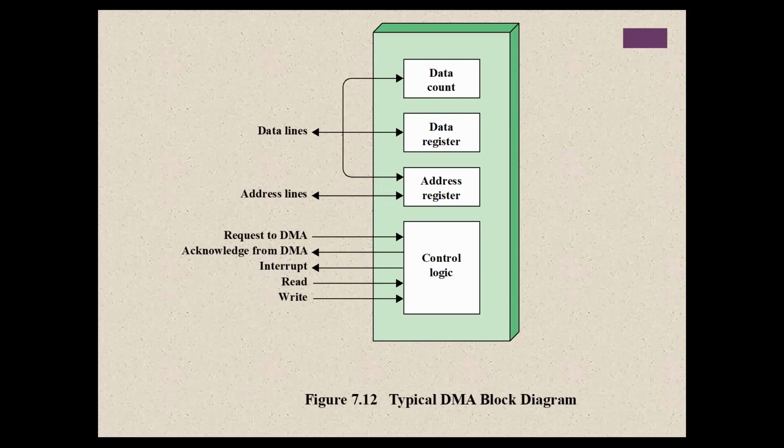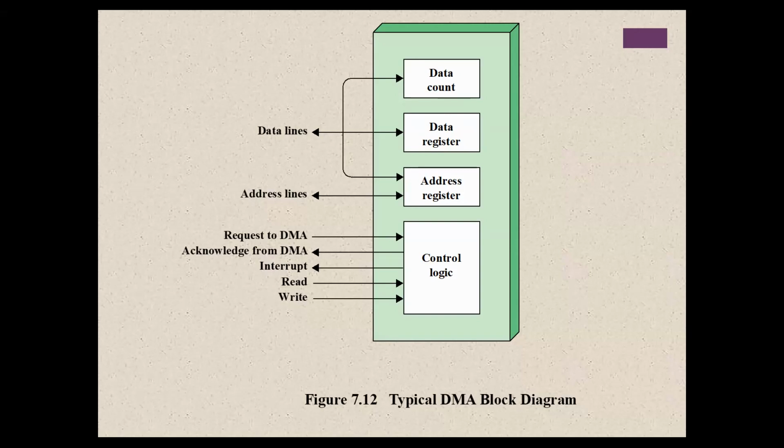So the processor then continues with other work. It has delegated this I/O operation to the DMA module. The DMA module transfers the entire block of data, one word at a time, directly to and from the memory without going through the processor.